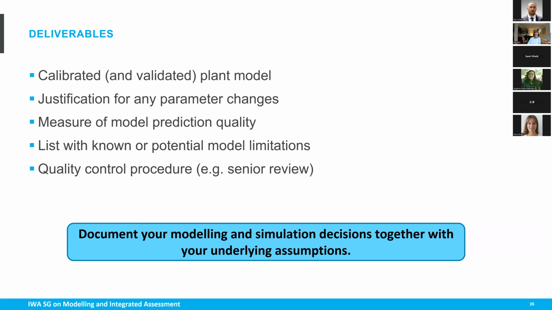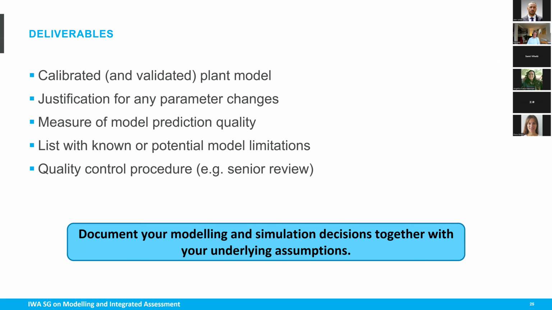A measure of the model prediction quality, that can be a statistic. I actually like XY plots. That gives me a nice view on how the model performed throughout the measuring range. That helps me a lot understanding model performance. If you are able to list known or potential model limitations, so that might be, oh, the database was very weak on this one, so the results have to be taken with a grain of salt.